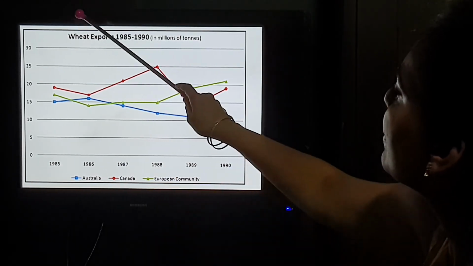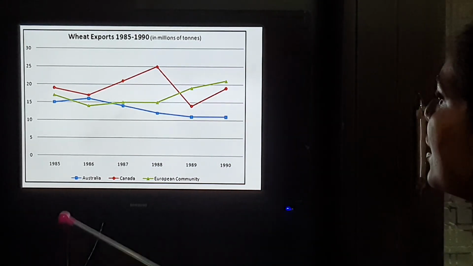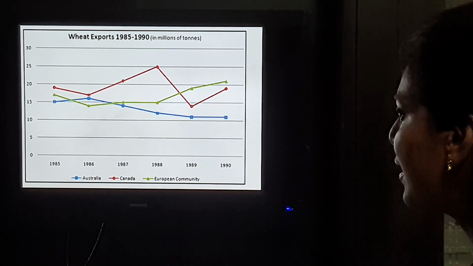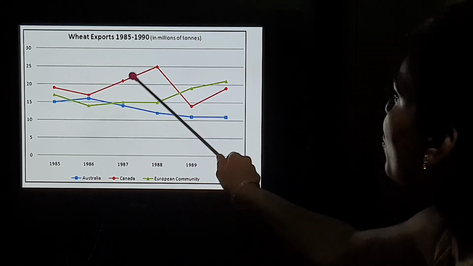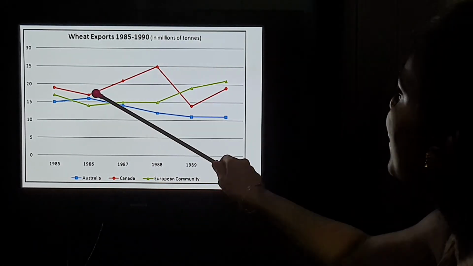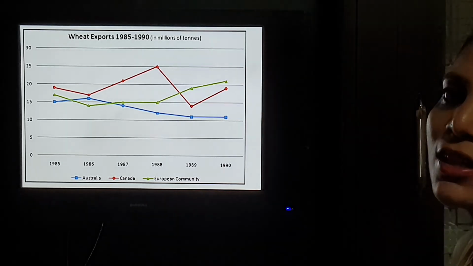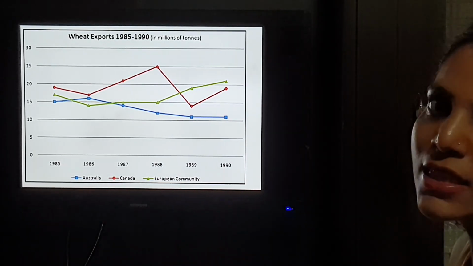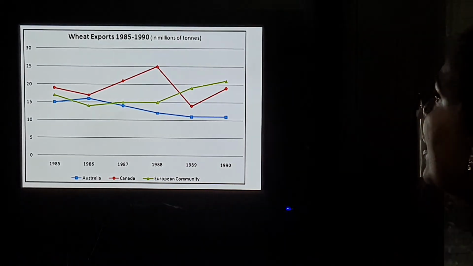The blue line shows the wheat exports for Australia. Red line shows wheat exports for Canada. And the green line shows wheat exports of European community. Let us read them one by one.